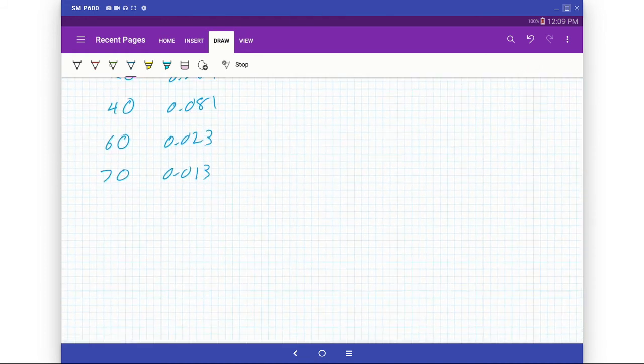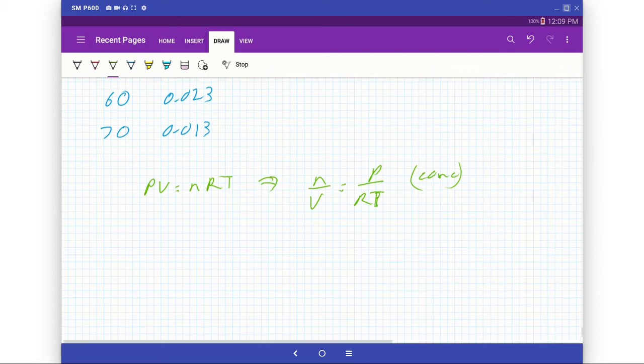In order to do that, just remember the relationship comes from the ideal gas law. PV equals nRT. Well, concentration is simply N over V, which is P over RT. By definition, N is in moles, V is in liters, N over V is concentration, P over RT.